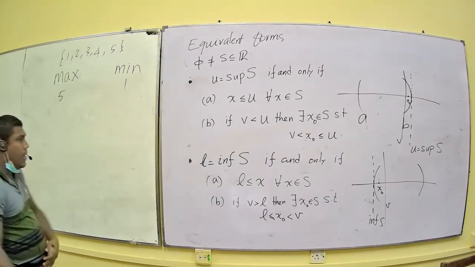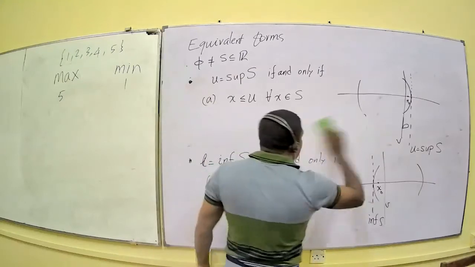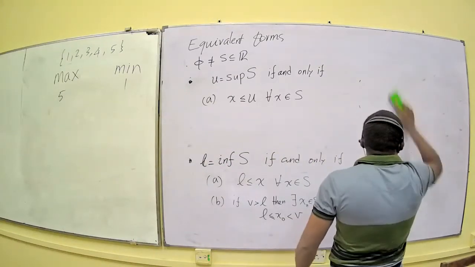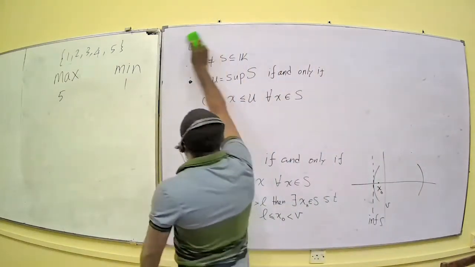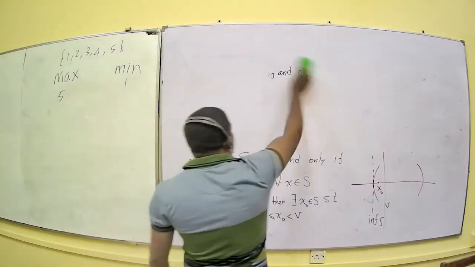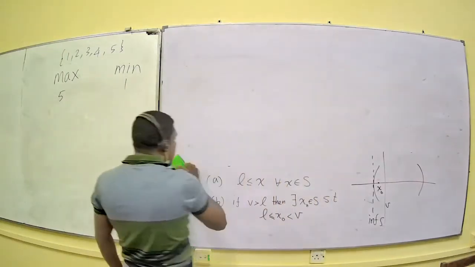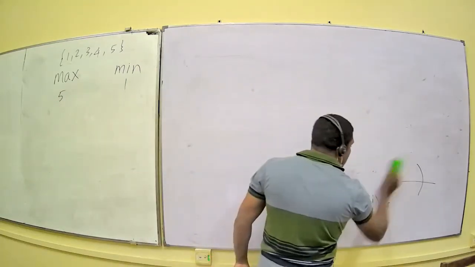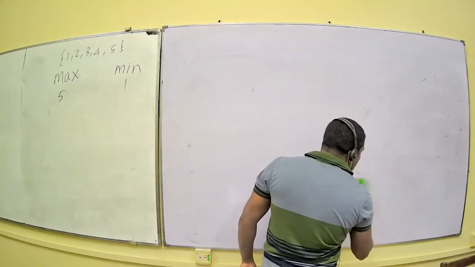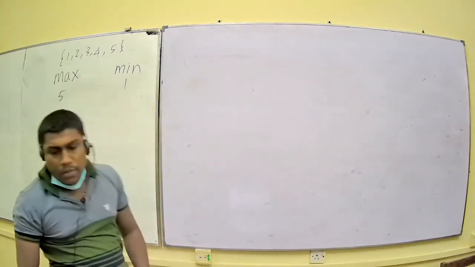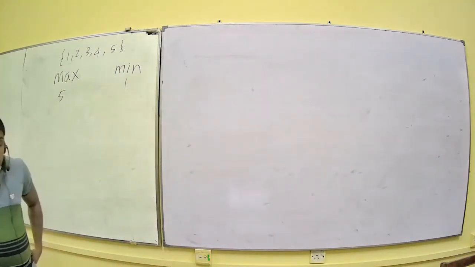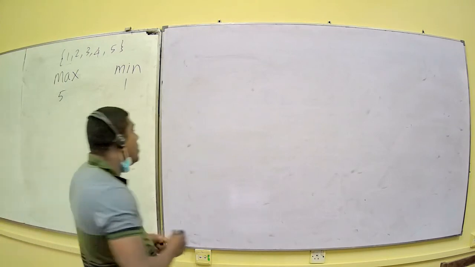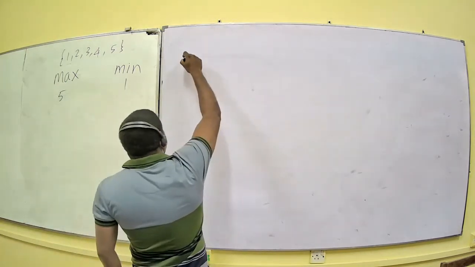And the other case, I will write it down as a note here. You should not confuse maximum with the supremum, or minimum with the infimum. Both may be different. Sometimes there will be a supremum but no maximum. Sometimes there will be a maximum and things like that.